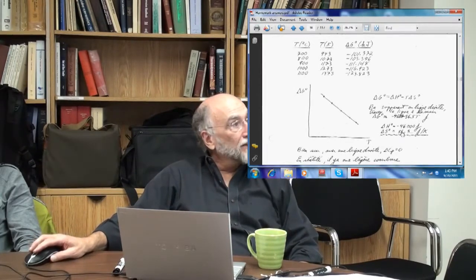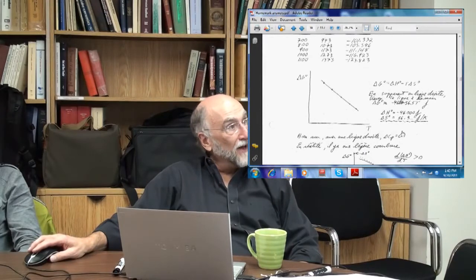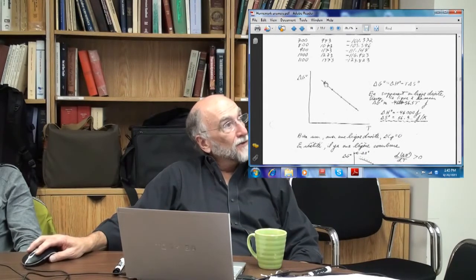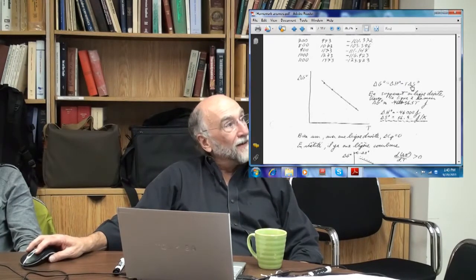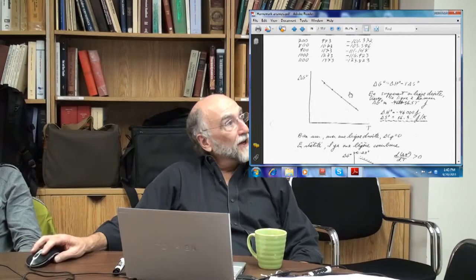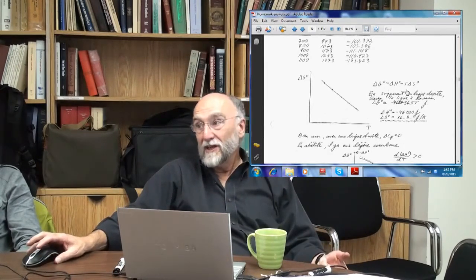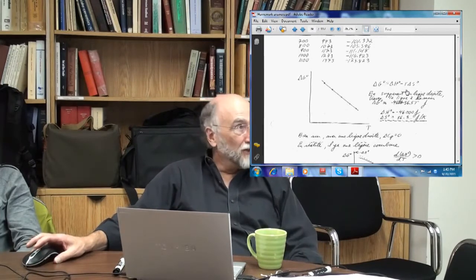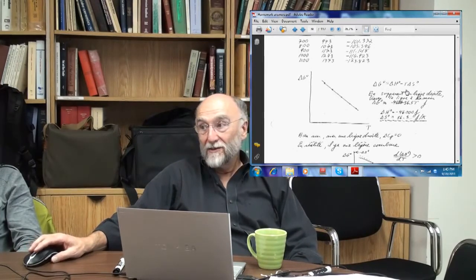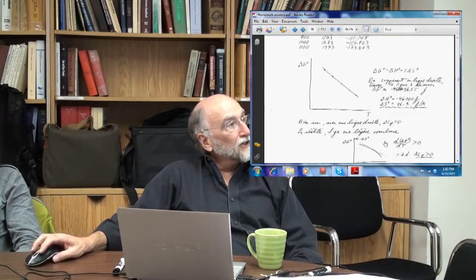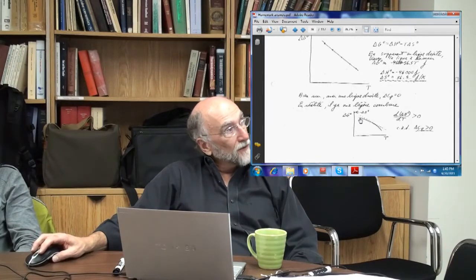In actual fact, the line isn't exactly a straight line. If it is a straight line, the slope is minus delta S naught, average of course. If it is not a straight line, the slope at any temperature is minus delta S naught at that temperature, because that's the Gibbs-Helmholtz equation: d delta G dT is minus delta S. Okay, so the line actually bends slightly this way if you drew it.